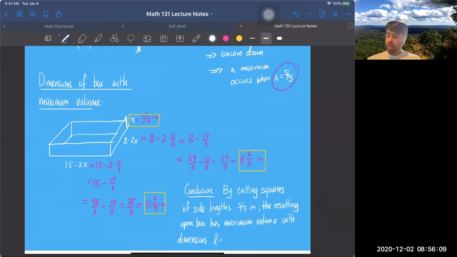The length would be 11 2/3 of an inch. The width would be 4 2/3 of an inch, and the height would be 5/3 of an inch.